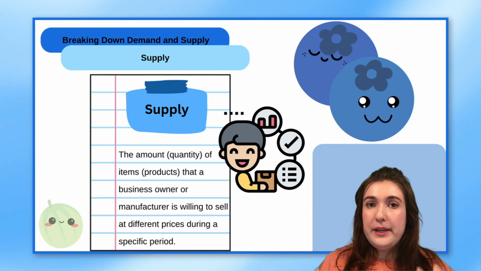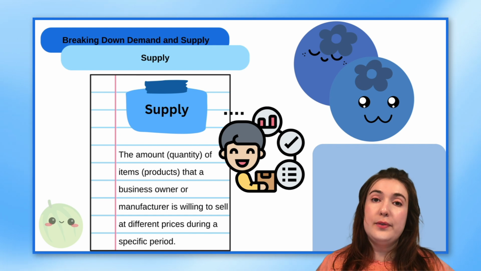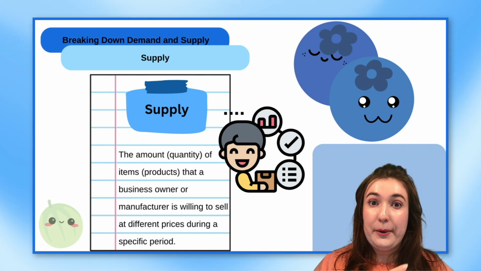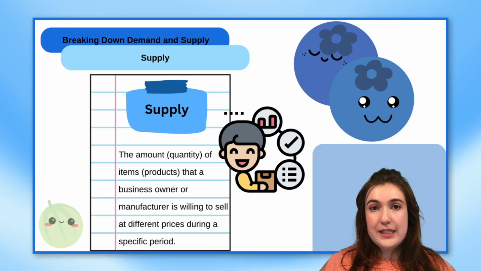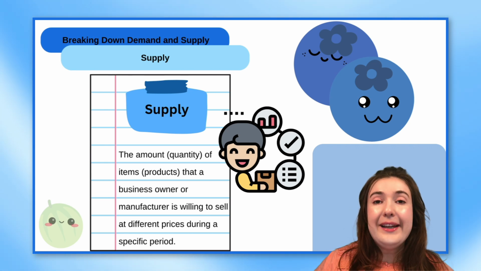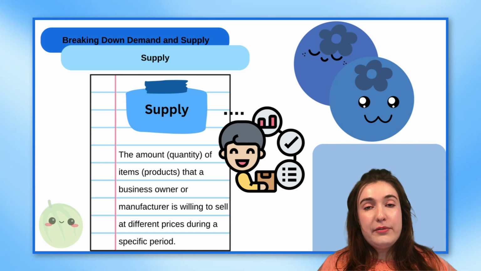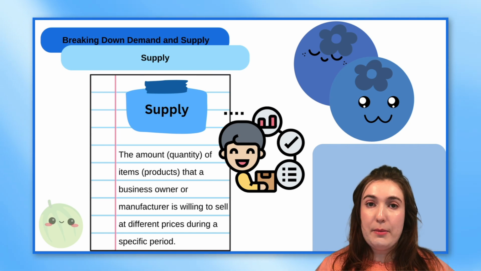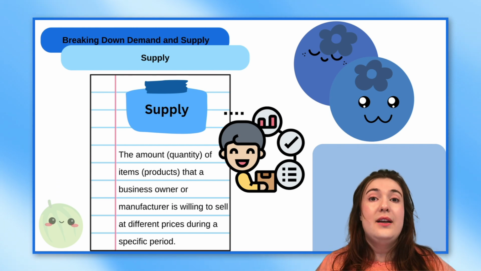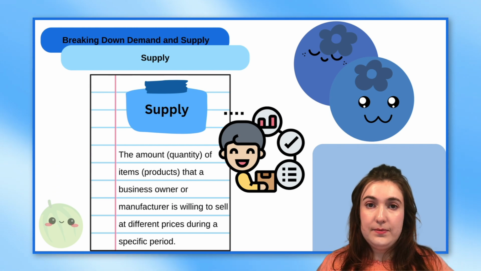Price-wise, we need to look at how we're going to charge for our blueberries. We can't be like, oh, we're going to charge $1 per one little blueberry. Customers probably wouldn't want to pay $1 for one tiny little blueberry. So we have to look at different market factors, at what customers are willing to pay, and how that's going to fit into the price and the quantity, how many blueberries we're going to be selling.